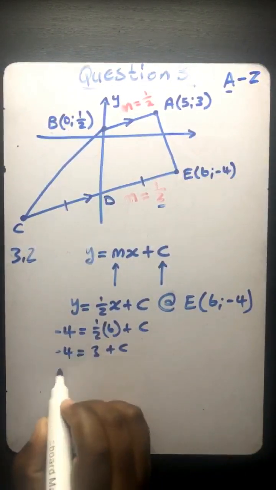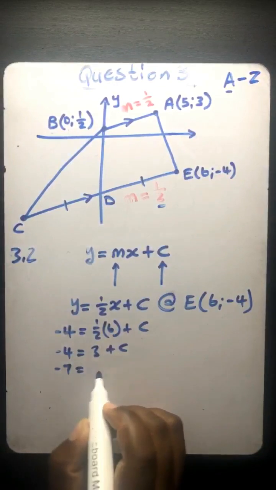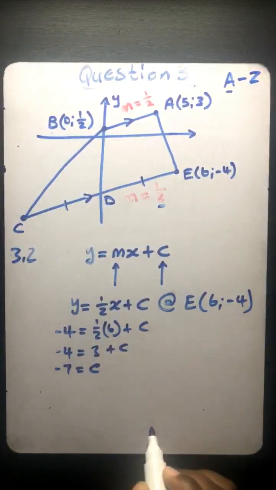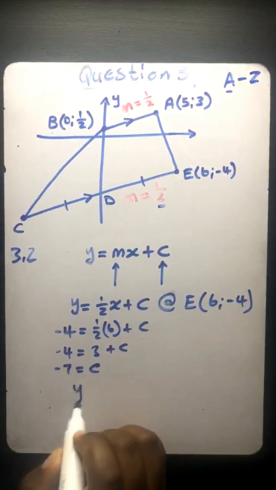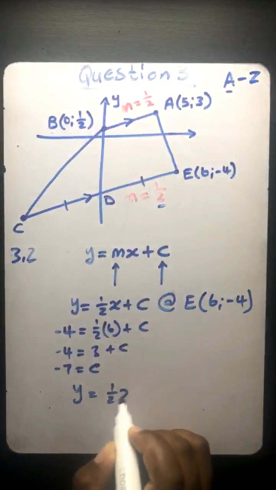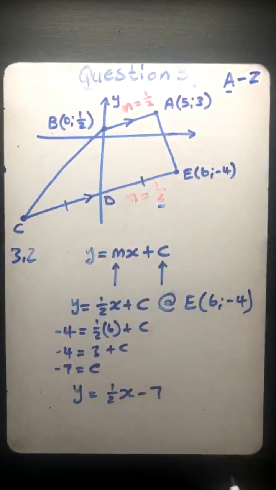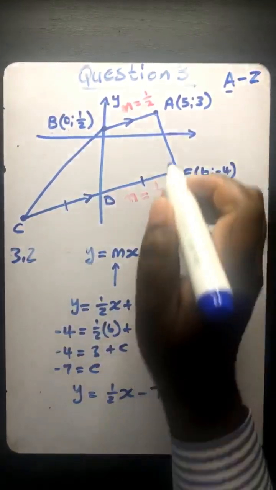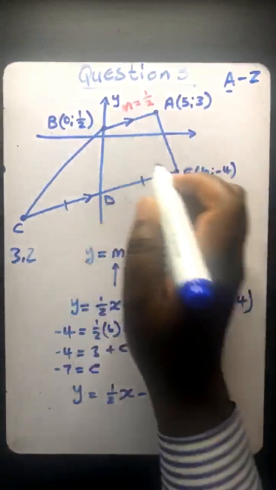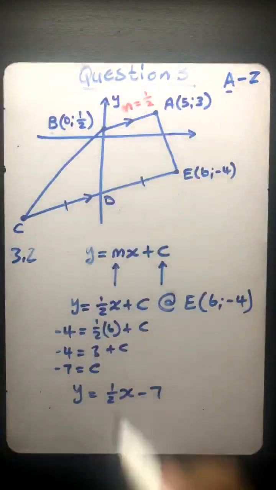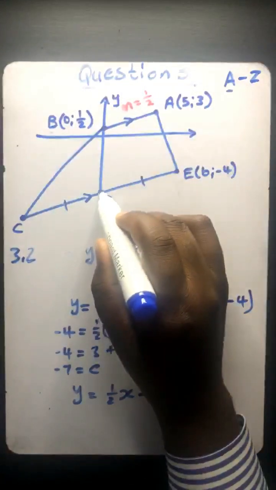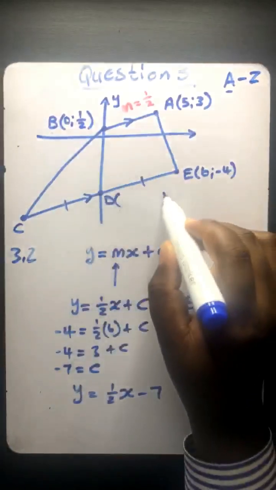You take that to the other side, and then it becomes -7 equals c. So now we have already calculated the c value, meaning the equation of a straight line is y equals a half x minus 7.